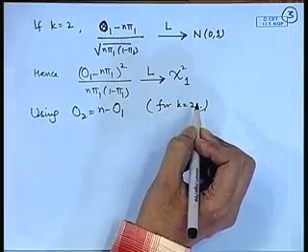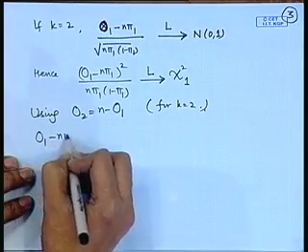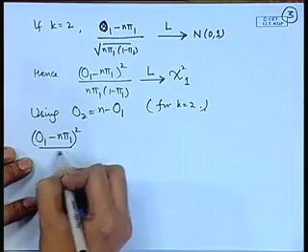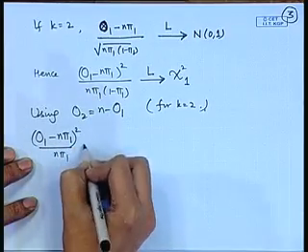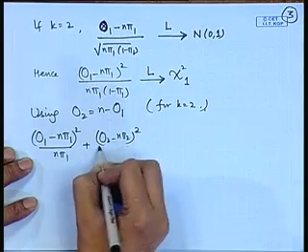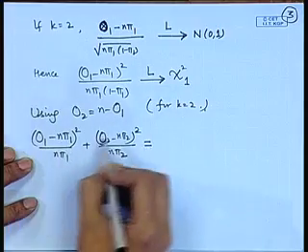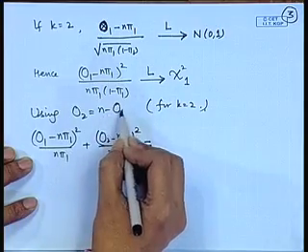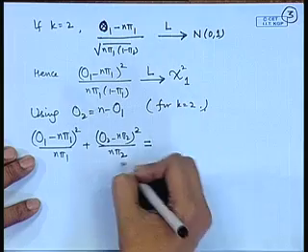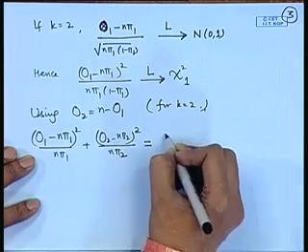So, you can easily see that if I write down (O1 minus n pi 1) squared by n pi 1 plus (O2 minus n pi 2) squared by n pi 2, then here you substitute O2 equal to n minus O1 and pi 2 equal to 1 minus pi 1. After simplification, we can take the LCM and adjust the terms.